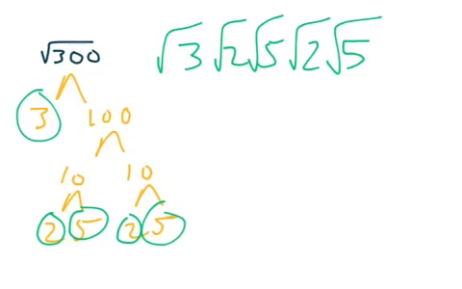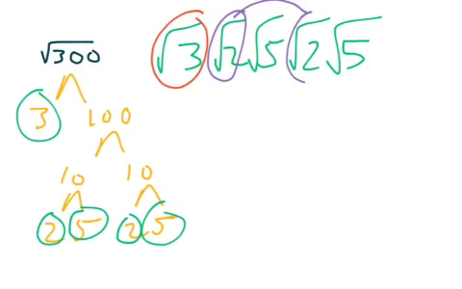And what was the next thing we did? To simplify, we pair up matching square roots. So notice square root of 3, there is nothing that matches it. However, we do have a square root of 2 that matches another square root of 2. So we do have a 2 out of that.